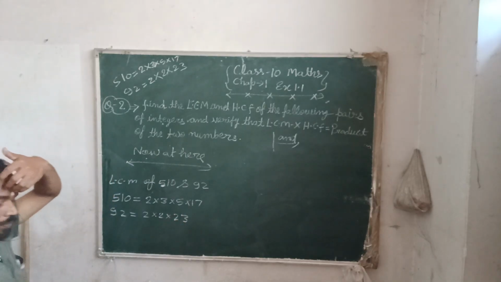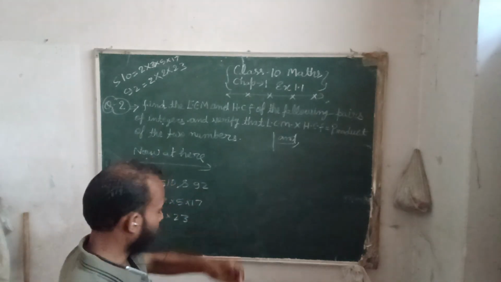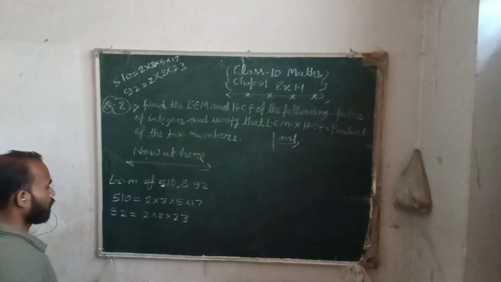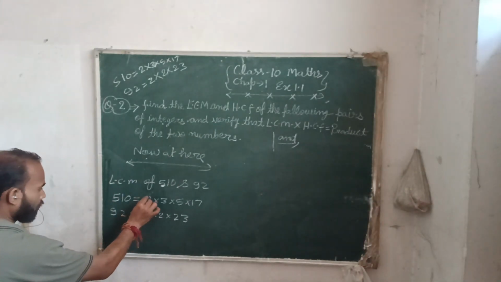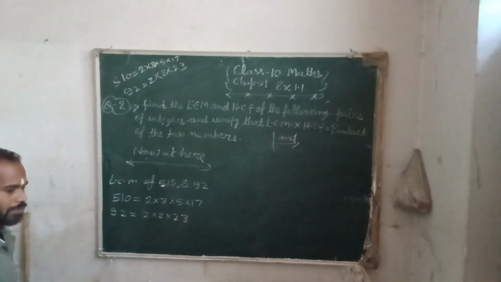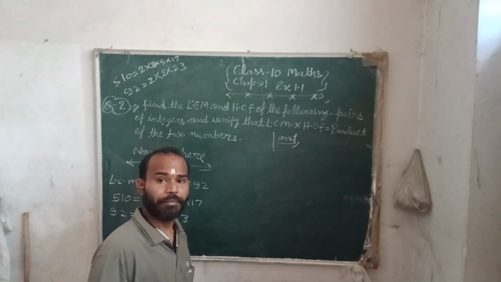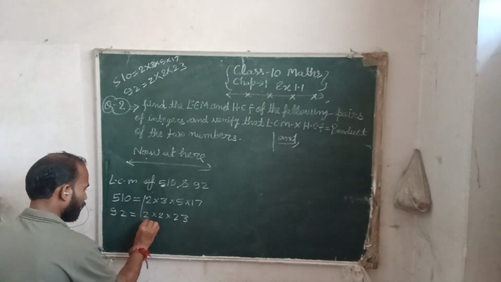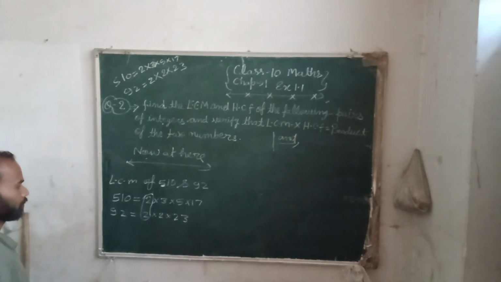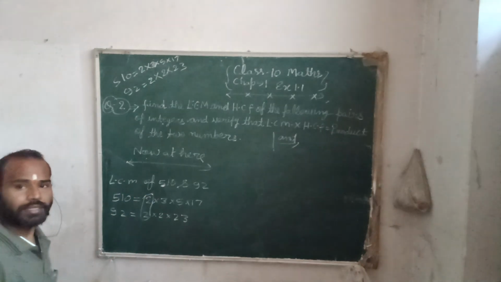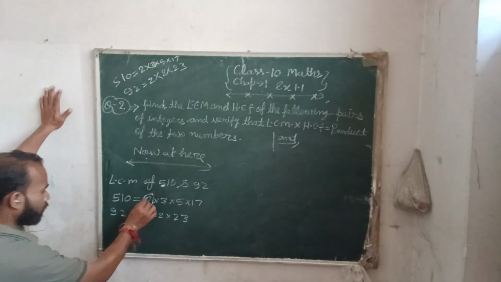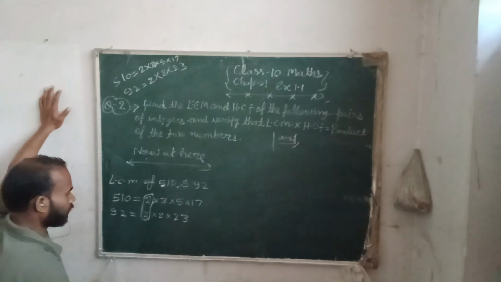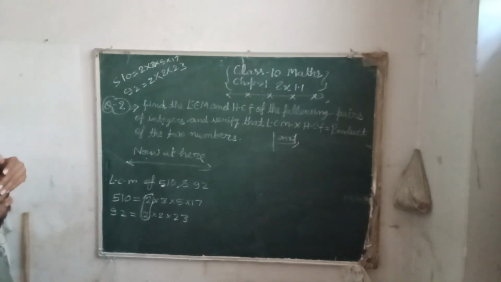Here the process applied, my dear students, is that the digits will be pairs and non-pairs. Now you see, 2 and 2 both are the same. 2 and 2 make a pair and the other digits are not pairs.